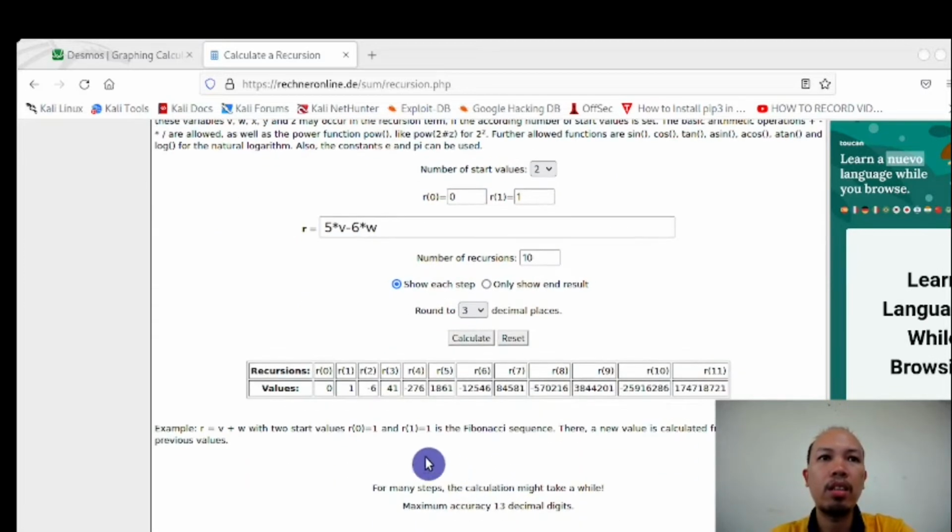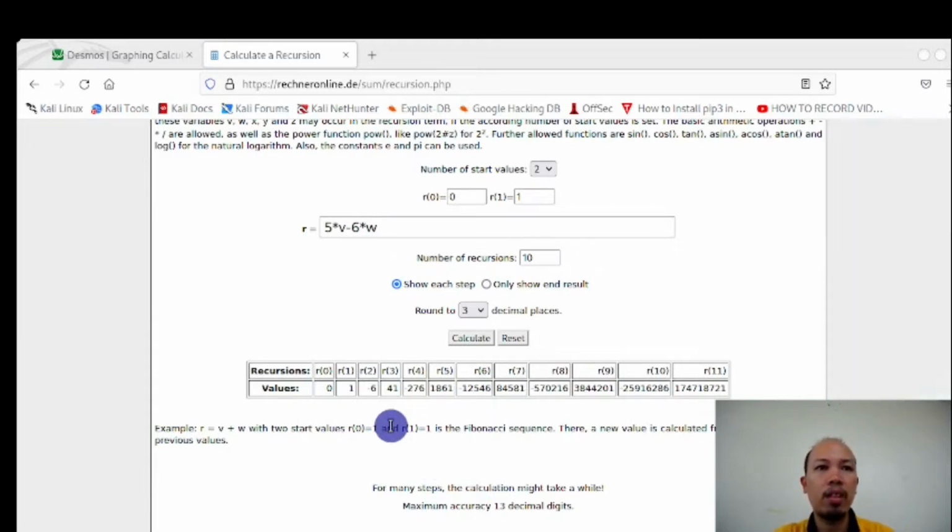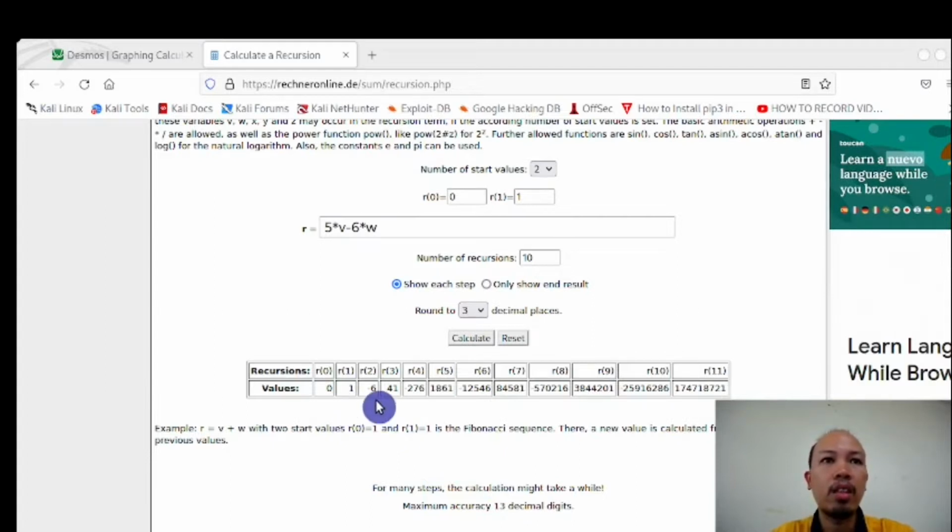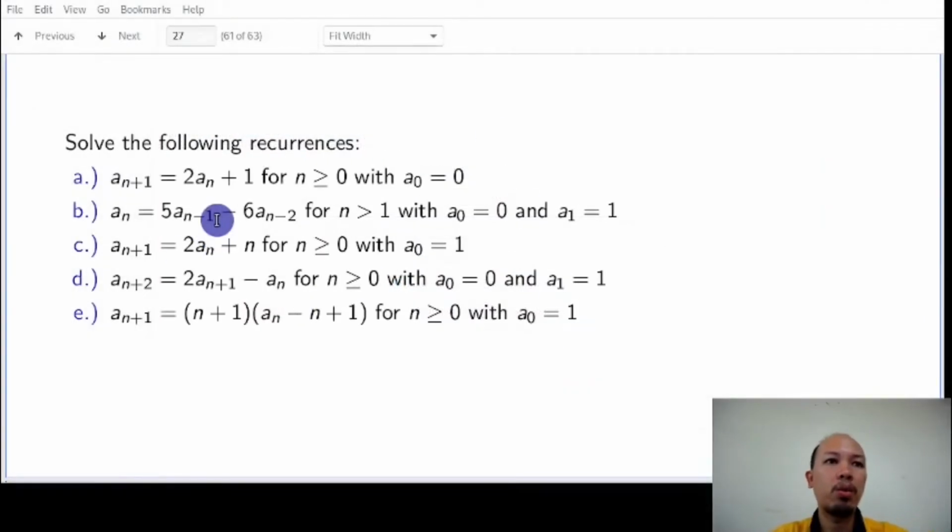So this is the sequence. I don't know if this is correct. When n is equal to 2, let's go back here, a sub 2: 2 minus 1 is 1, so 1 times 5. Did I make a mistake here? A sub 0 is 0.